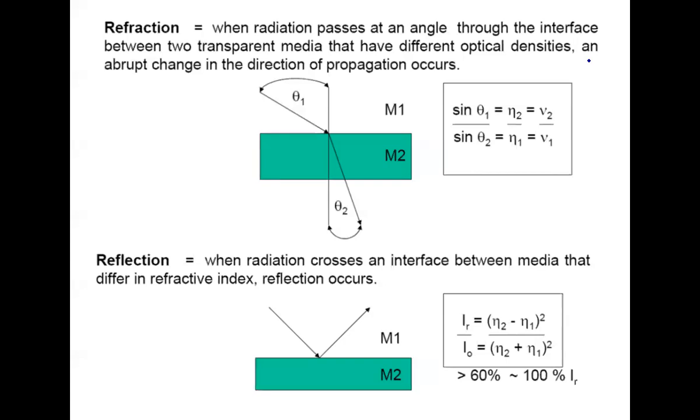Snell's law on refraction. So when radiation passes at an angle through the interface between two transparent media, you can see here, this is theta 1, and it's going through two transparent media with different optical densities. What's the other name for optical density?